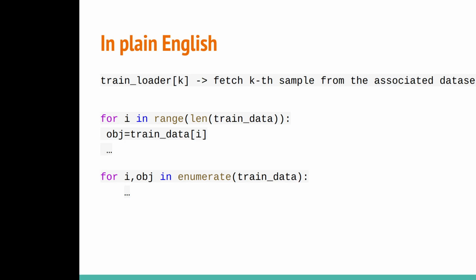So if you still have no idea what it is, we can make it simpler here. For example, if we want to go through the whole data set, we typically need to write a program like this. So i is from 0 to the size of the training data, and we can access the objects in the data set by using the array syntax to access the data.